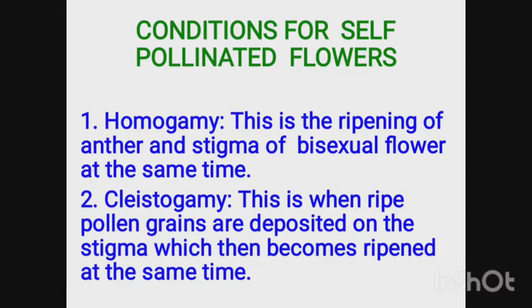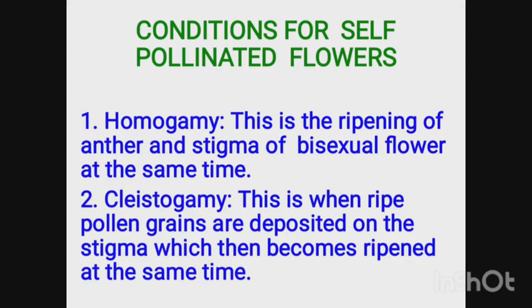The bisexual flower, like I said earlier, contains both the male reproductive organ and at the same time the female reproductive organ. So both of them have to be ripe at the same time. That is what we refer to as homogamy. It must be harmonized. The stigma must be ripe, and the pollen grain and the anther must be ripe for self-pollination to take place.